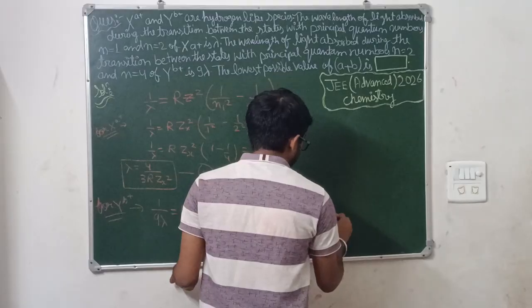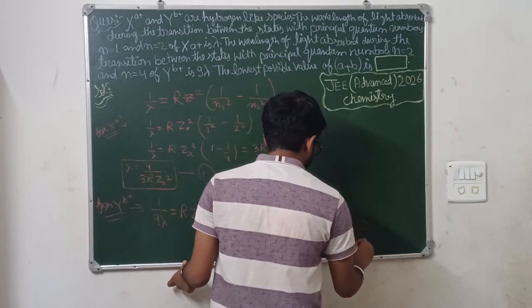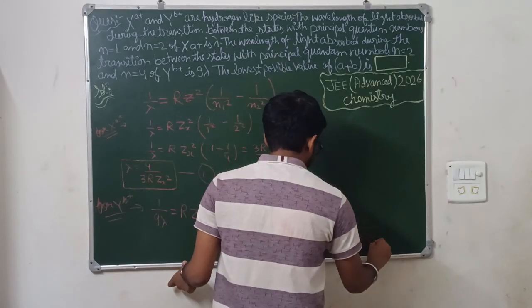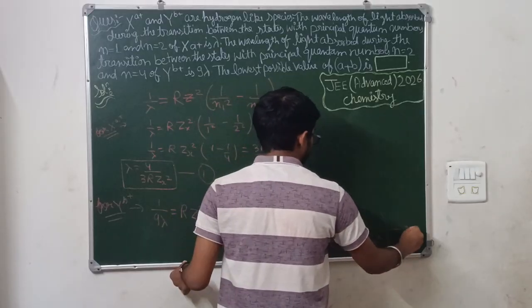So 9 lambda will be 16 upon 3 R Zy whole square. This is equation number 2.